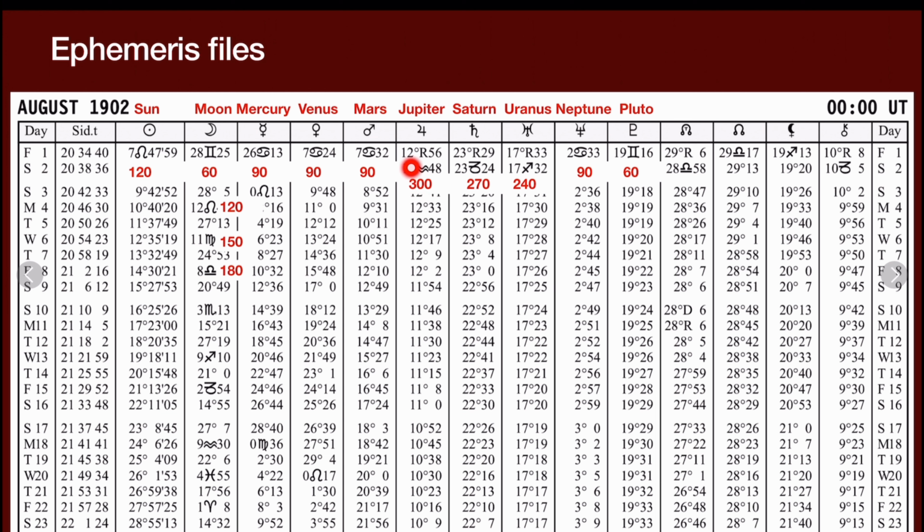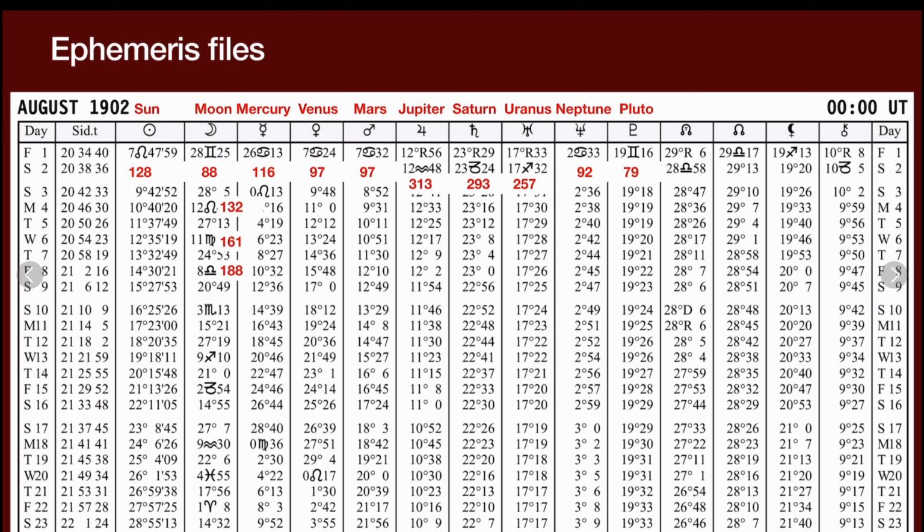So you need to add 1256, or let's call it 13 degrees, to 300. Now these are the actual degrees that the planets are on the first day of August 1902.